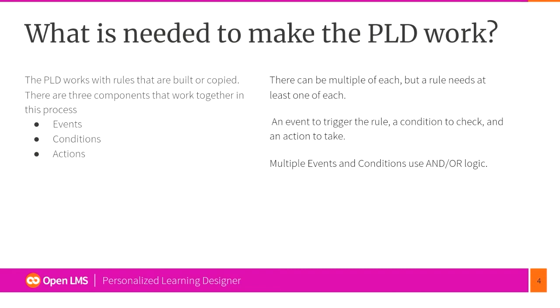With actions, you determine what happens when a rule is triggered. There can be multiple actions, but each rule needs at least one action. So the general idea is you use an event to trigger a rule, a condition to check, and an action to take.